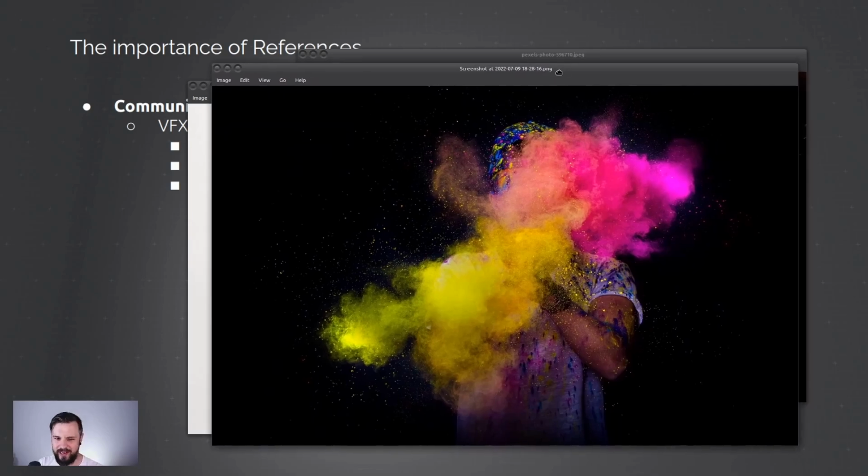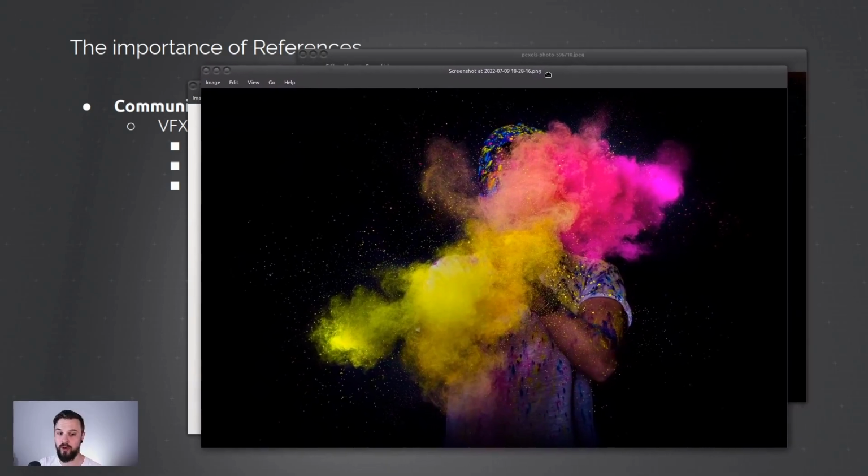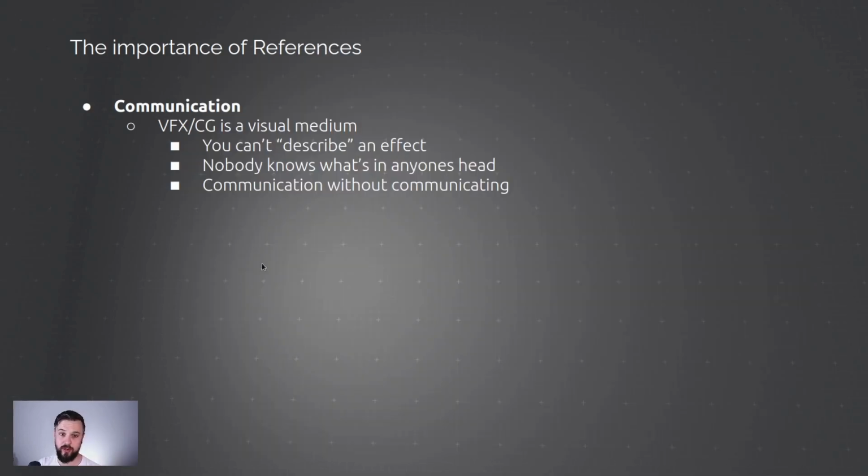So it's really hard to communicate with words alone when you work on a specific visual medium. So make sure you're not communicating without references. Words are meaningless. They always have to be explained in a visual way in this industry. And this is why references are essential when working with effects.